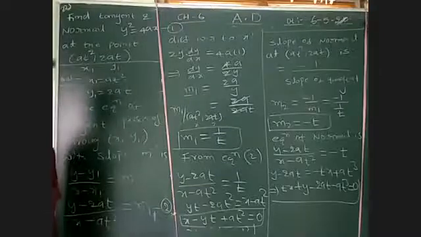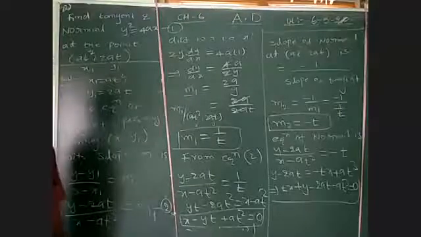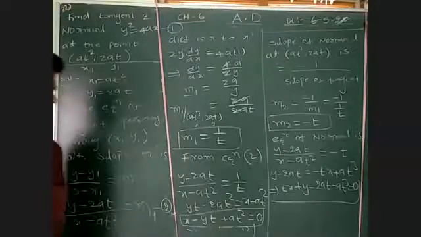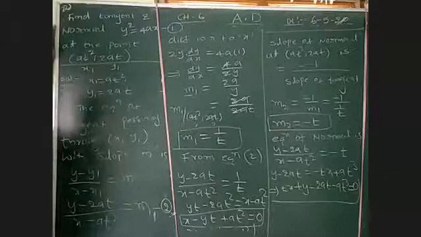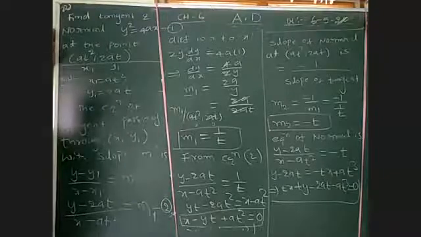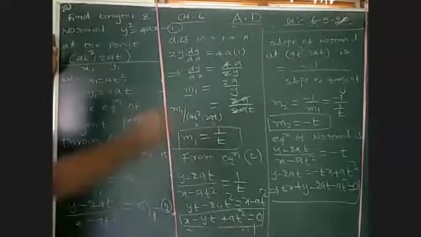It's not like continuity. In continuity itself, the greatest integer function is different, the modulus function is different, the signum function is different, e power x is different, log x is different, because continuity is based on the domain. But here it is a common procedure.